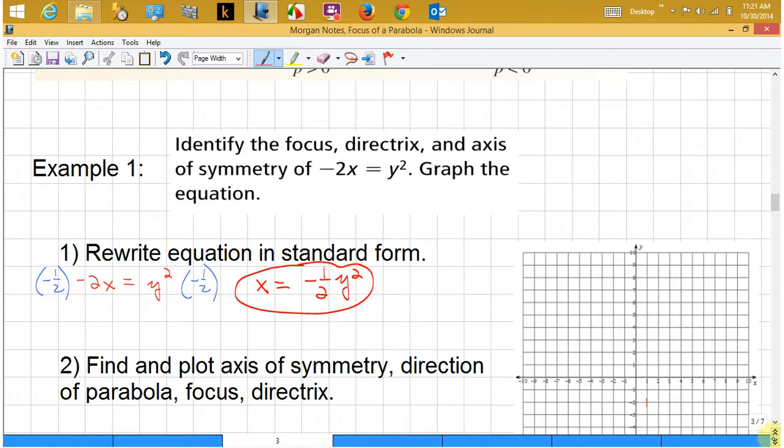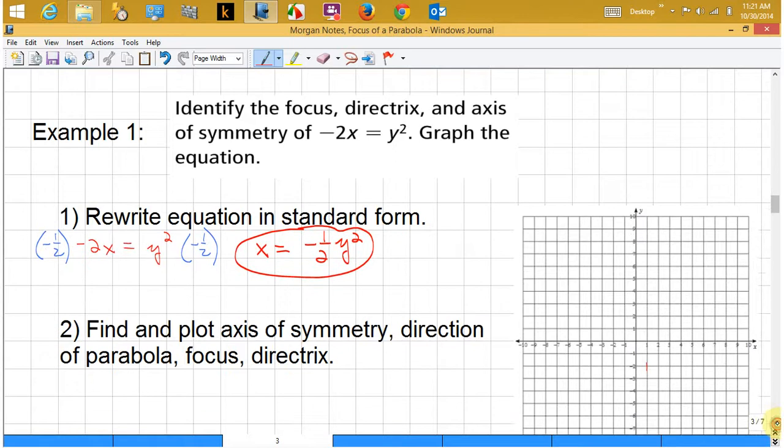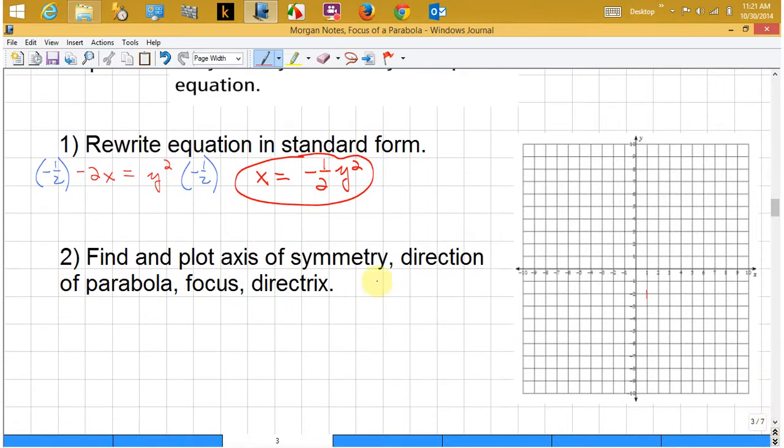Right now I need to plot the parabola and find out some important characteristics of it. What I know is that the basic standard form of this parabola would be something like x is equal to 1 over 4p times y squared. Now what I actually have is x is equal to negative 1/2 y squared.